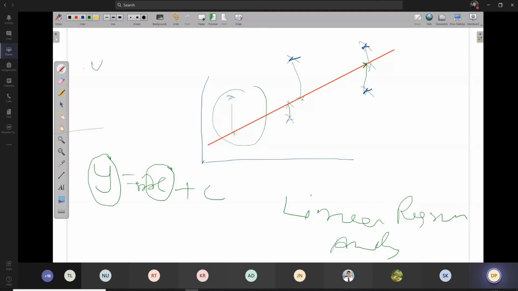Say your equation is y = ax1 + bx2 + c. Here two independent variables are there. If the independent variables are more than one, then this is called multiple linear regression analysis.